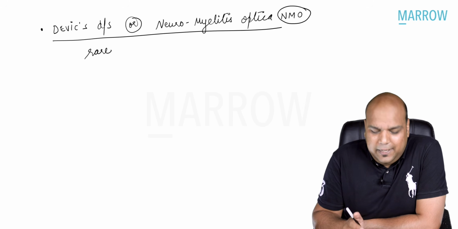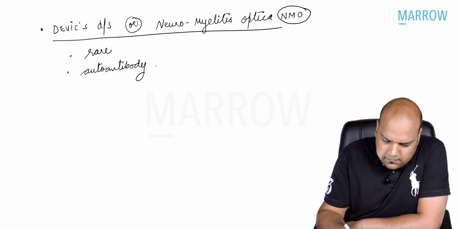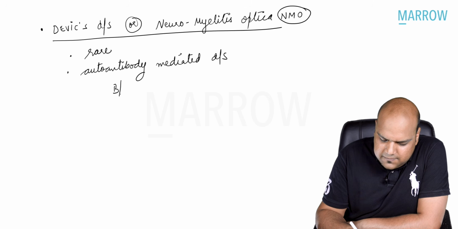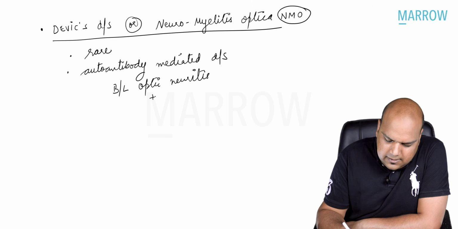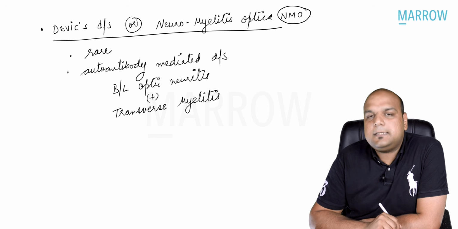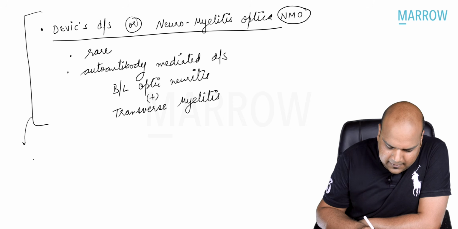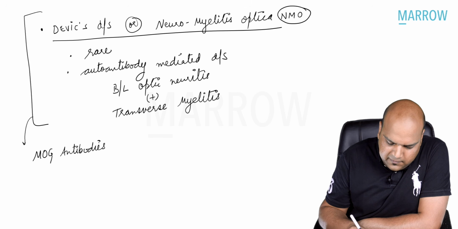Okay. What is neuromyelitis optica? This is an autoantibody mediated disease which presents with bilateral optic neuritis plus transverse myelitis. And how do we diagnose this? To diagnose this, we have the MOG antibodies. What is MOG, everybody?